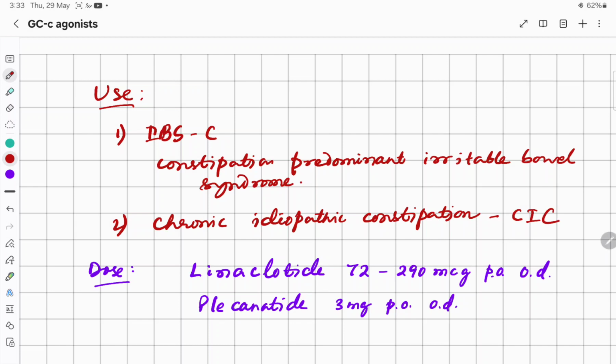The linaclotide dose varies from 72 microgram to 290 microgram: 72 microgram, the second one is 145 microgram, and the highest dose is 290 microgram. The plecanatide dose is 3 milligram per oral once daily. So both the drugs are used orally.